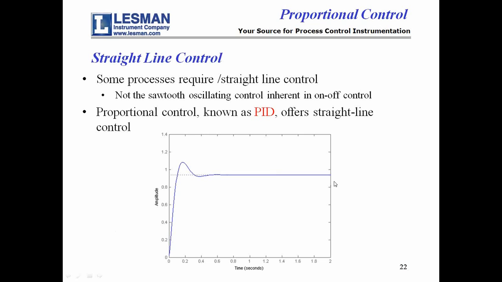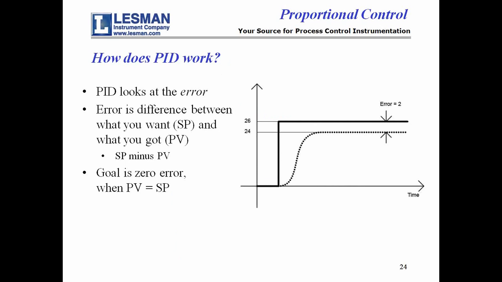How does PID work? Well, PID looks at the error, and the error is the difference between what you want, the set point, and what you got, the process variable. It does a subtraction. The goal is to have 0 error when the process variable is the same as the set point. PID has 3 modes.